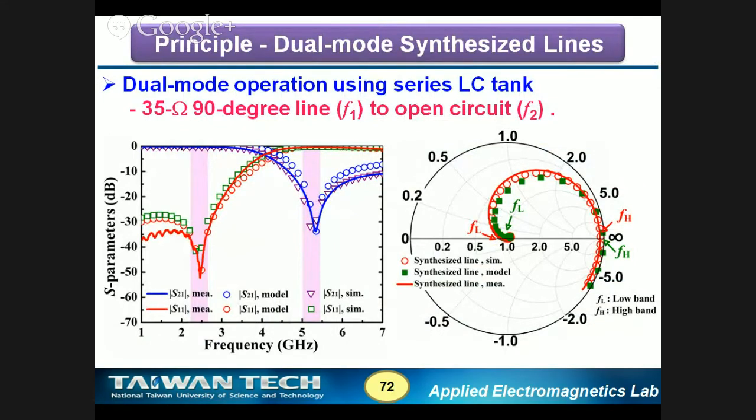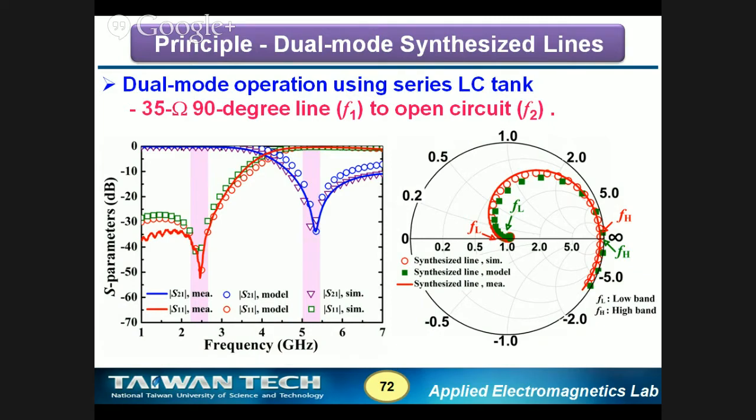Okay, and at the high frequency band, it is a transmission zero. But as I have mentioned, it is not good enough to have a transmission zero at the designated band. In addition, we must have its input impedance become open circuit.